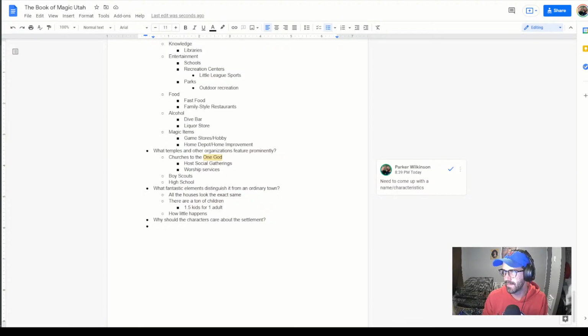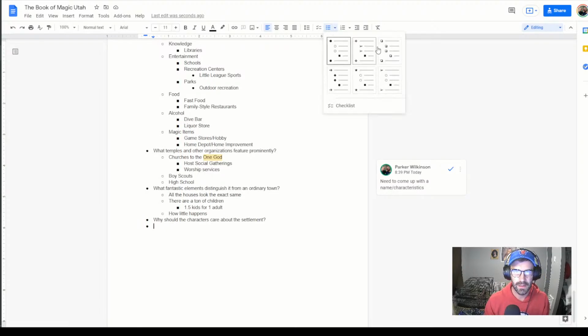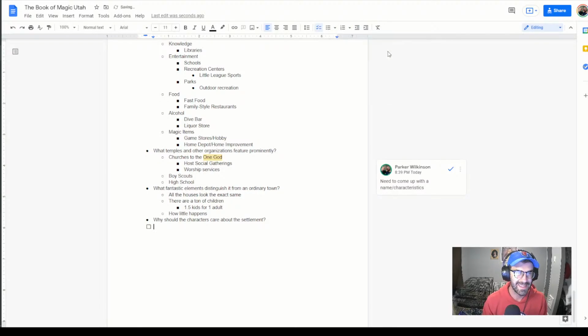Mapping the campaign. This is a good link for maps. So I want us to make a Midvale map.